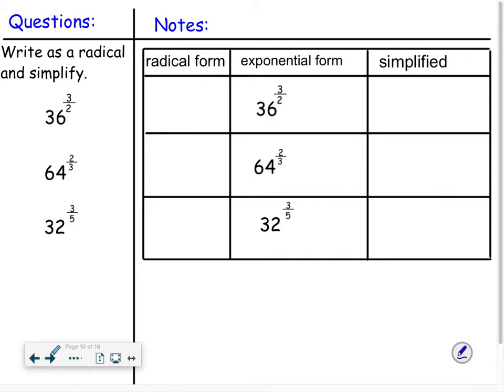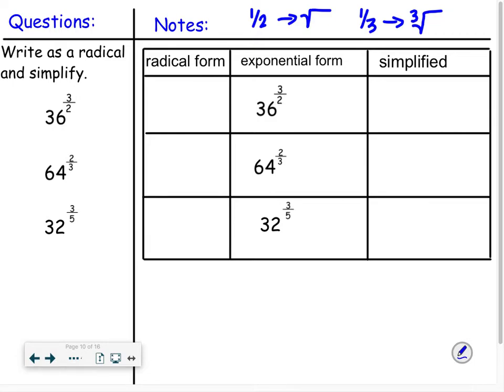So I want to remind you that we said an exponent of 1/2 corresponds to a square root, and an exponent of 1/3 corresponds to a cube root. And then we said anything bigger than that, 1/n, any number, is called an nth root.